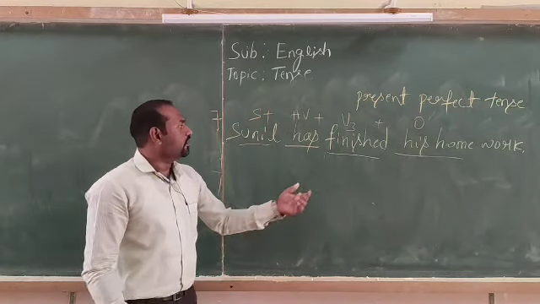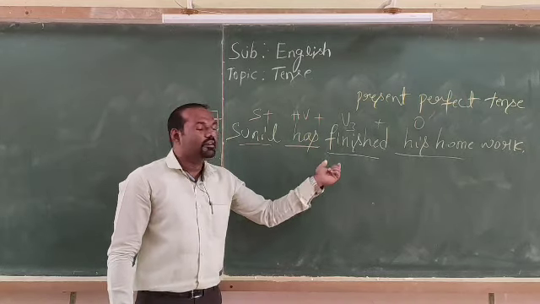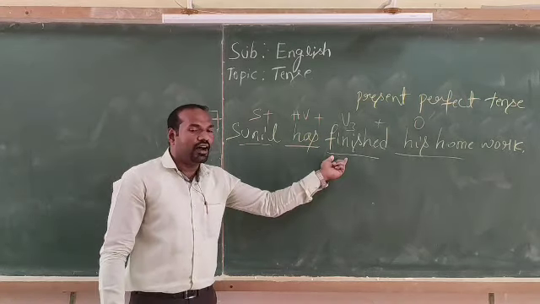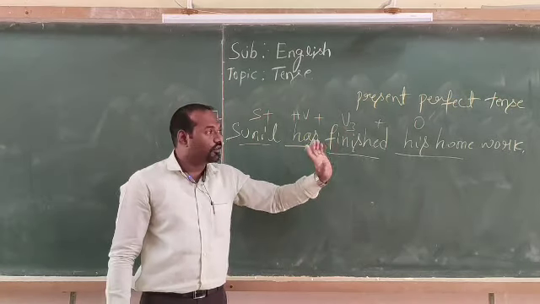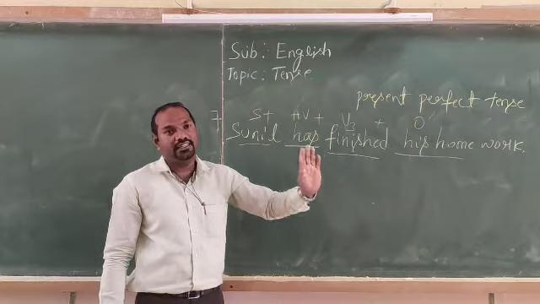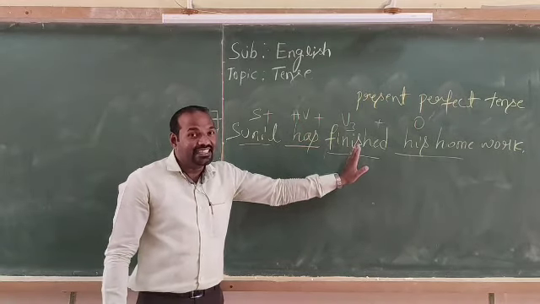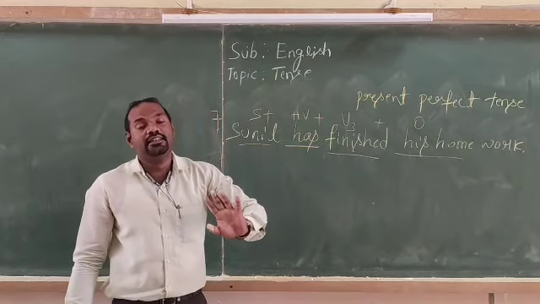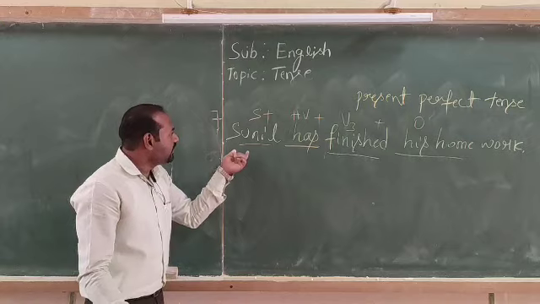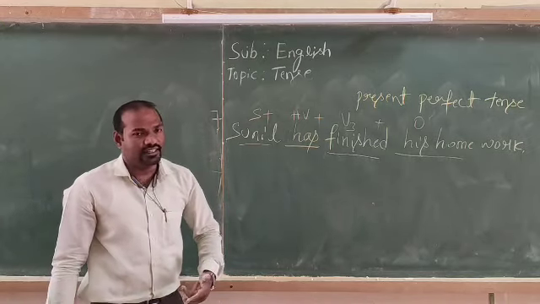I hope you are well versed in verbs: the present form of the verb, past form of the verb, and past participle form of the verb. In perfect tense, not only in present, but in past and future, you have to use the verb in third form, the past participle form, in all perfect tenses. So here Sunil has finished his homework. It is an affirmative sentence.